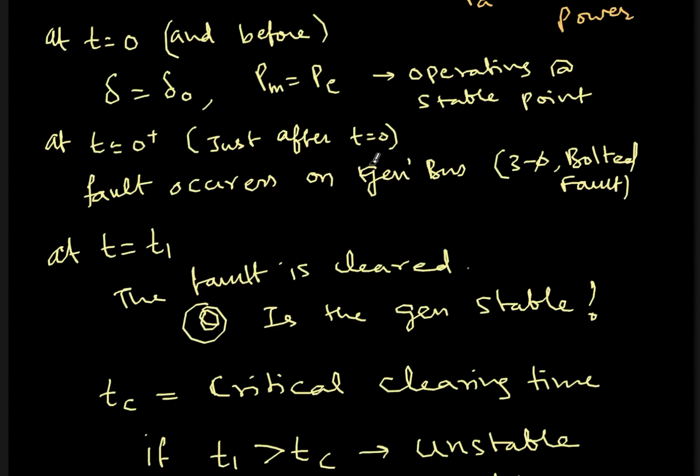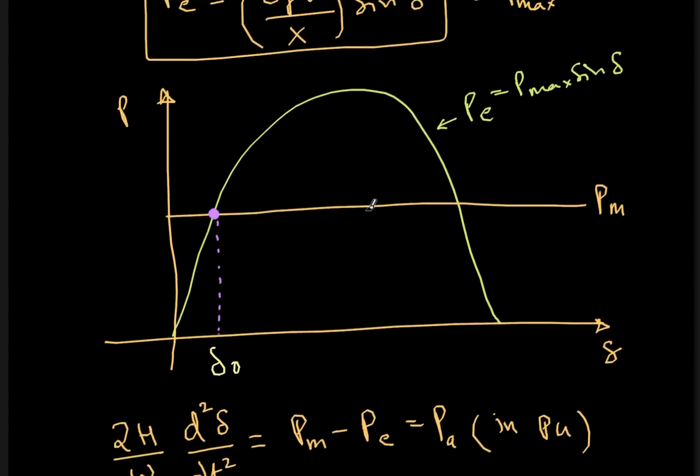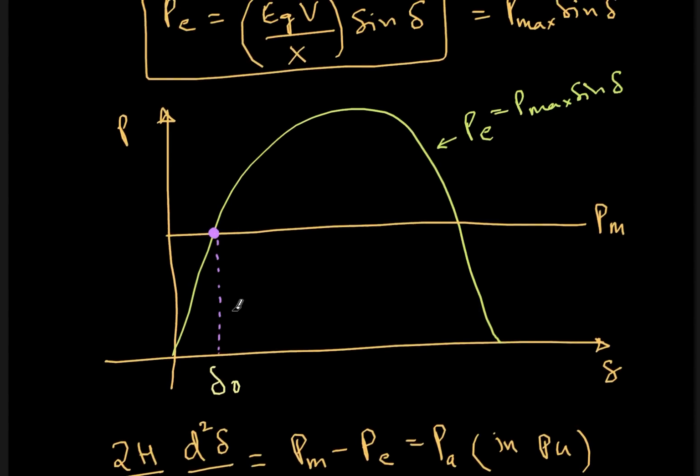Now at time t equal to t1, when the fault is cleared, we know that the rotor is accelerating. So let's say this is the position where the fault has been cleared. I get this angle as delta 1. Now what about this area?